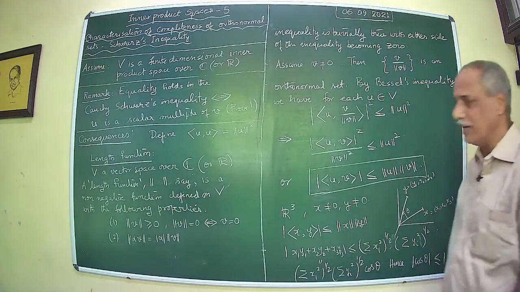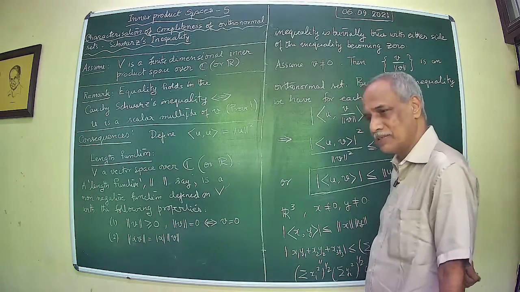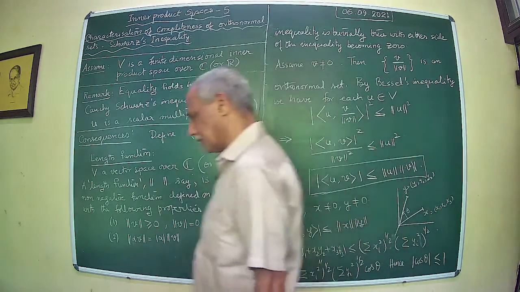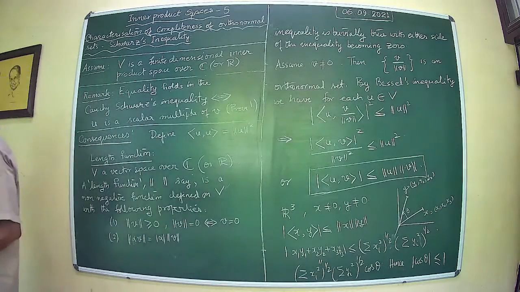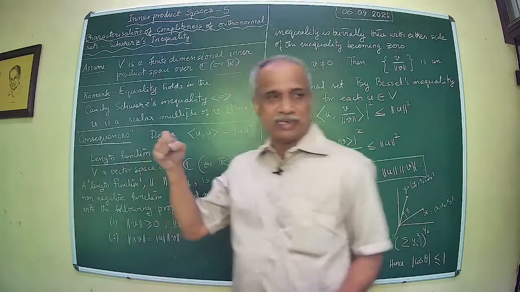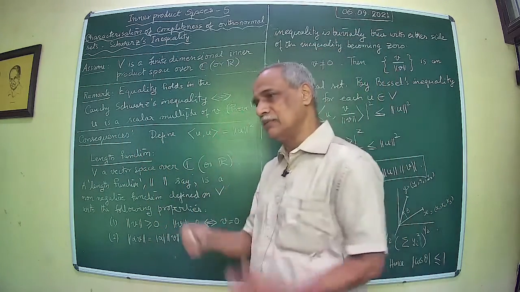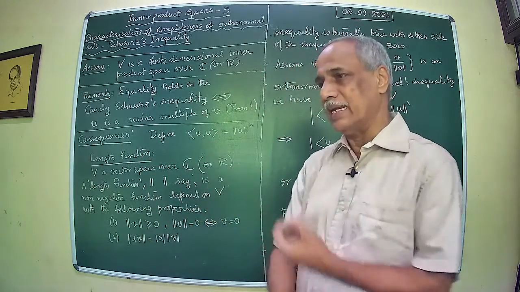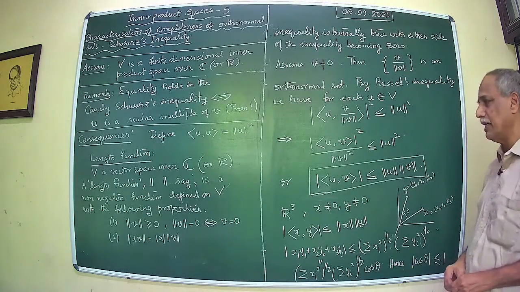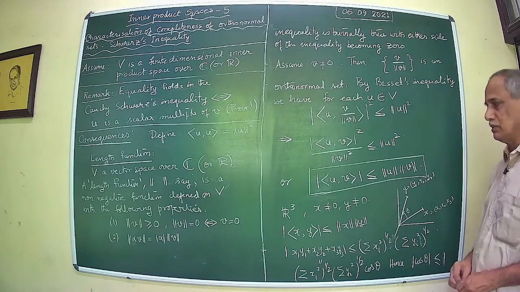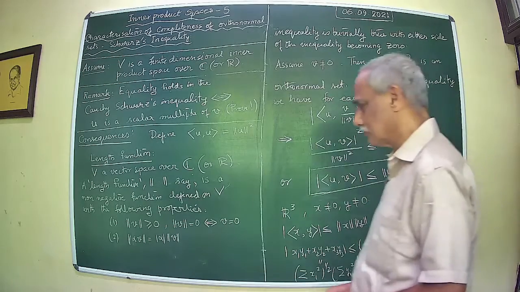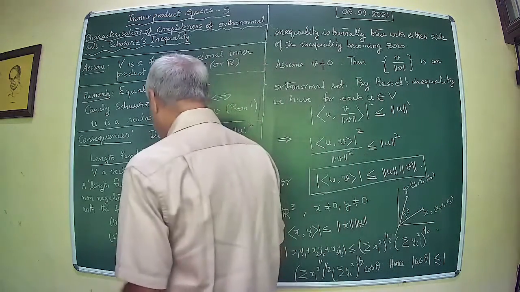If you take alpha to be real, what happens? You are just in R3, for instance, you are just elongating the vector by a scaling factor. If alpha is negative, then you are reversing the direction, but still scaling it in the opposite direction. And what we have is the modulus of alpha times the length of V.